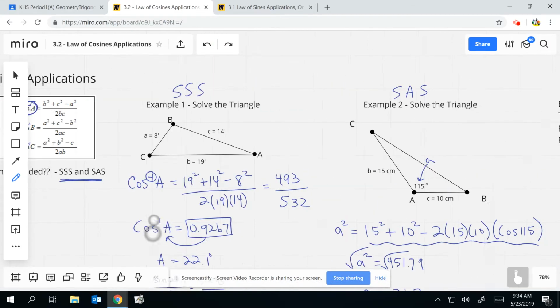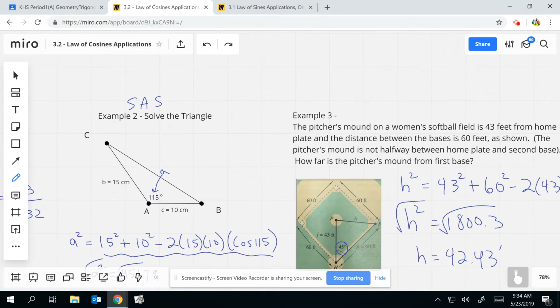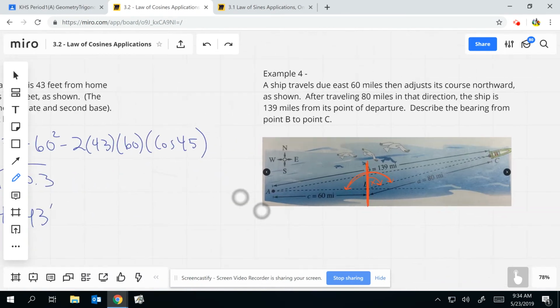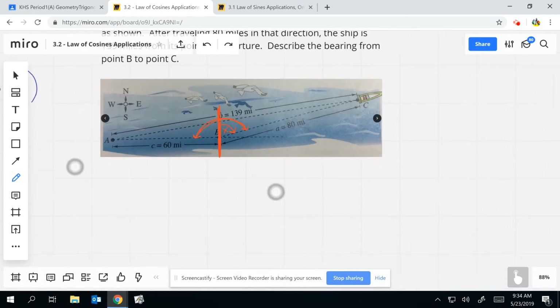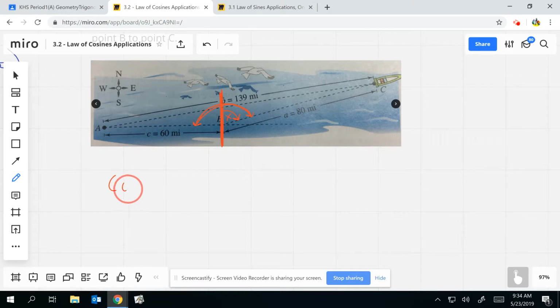Okay, so let's check that out. We're going to look for angle B. So inverse cosine of, cosine to the negative 1 for angle B, and you have the other 2 sides squared.